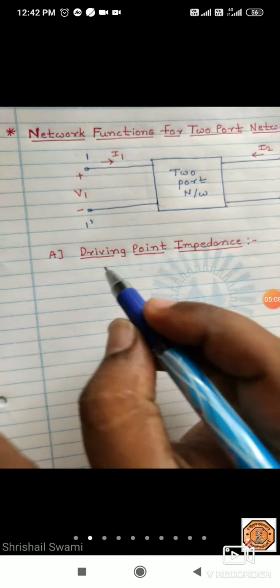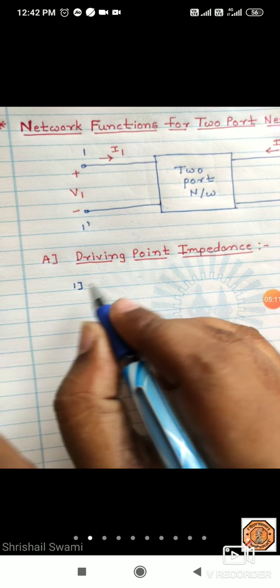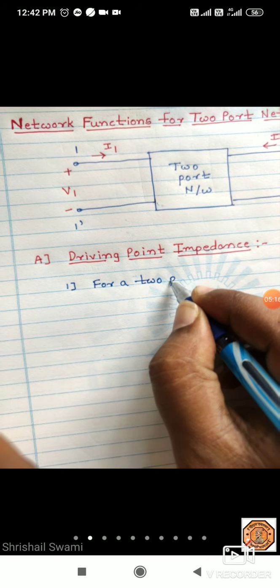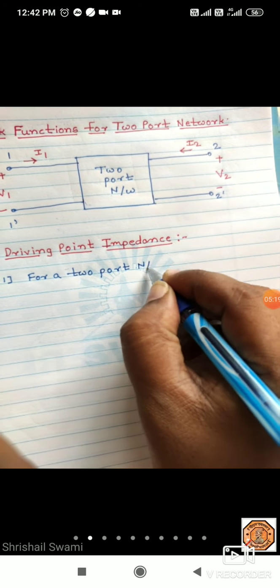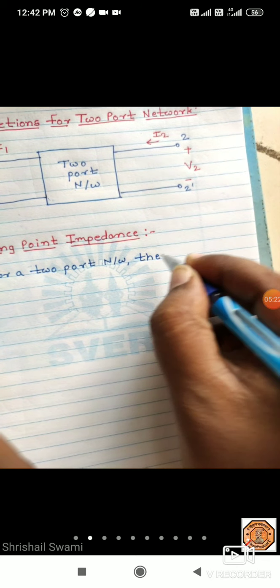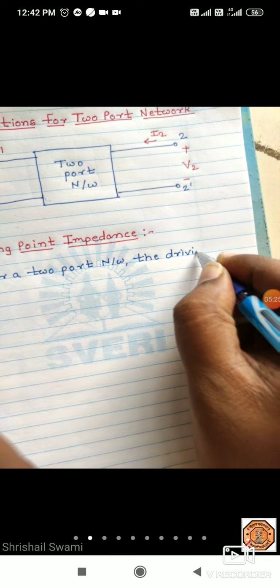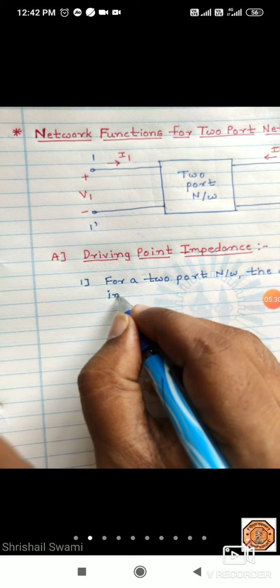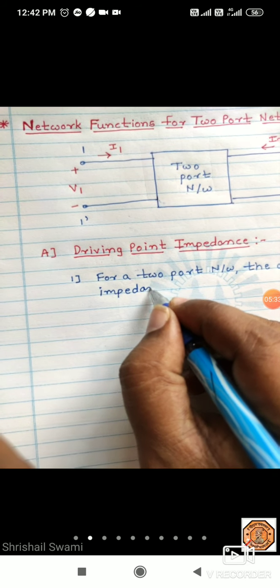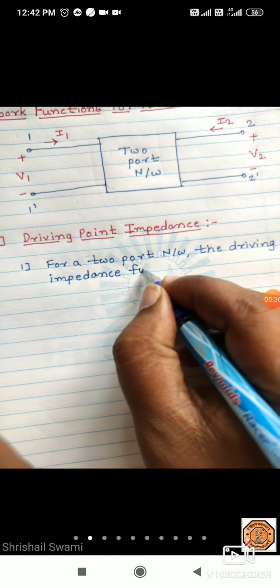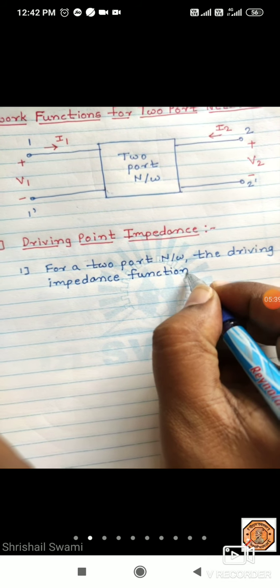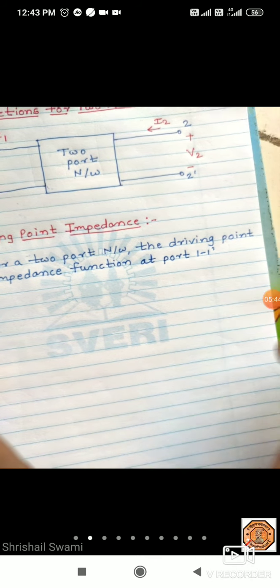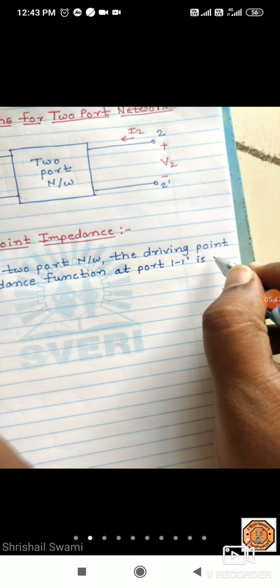So first of all, for a two port network, the driving point impedance function at port 1 dash is defined as.